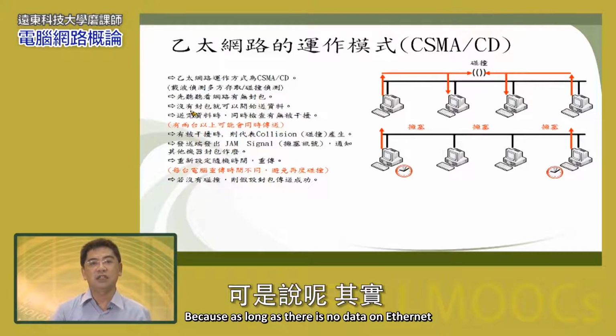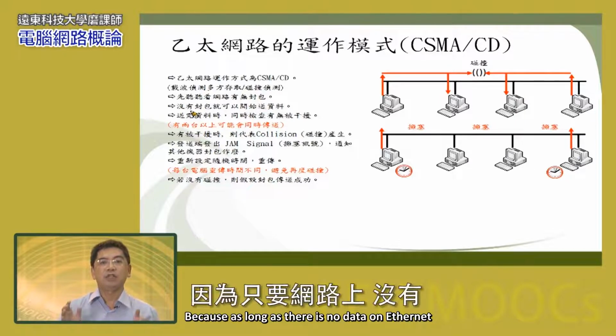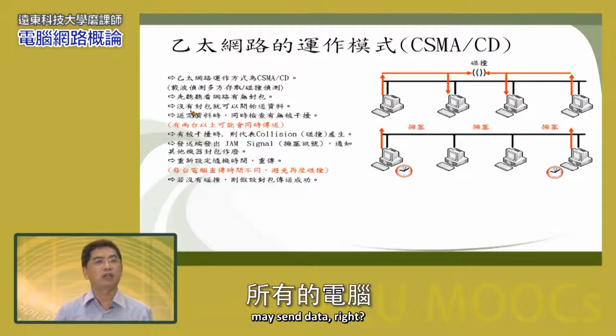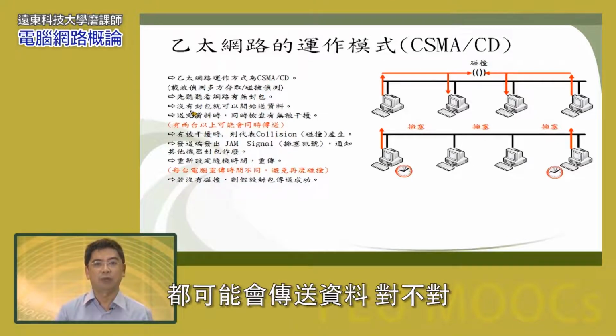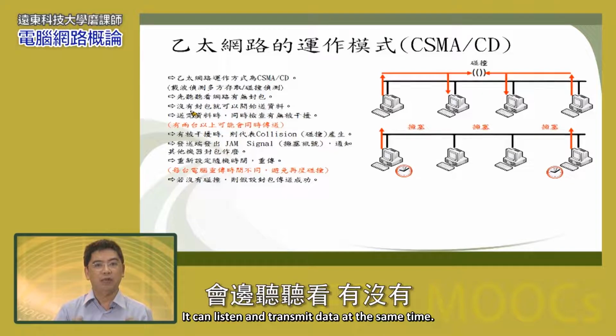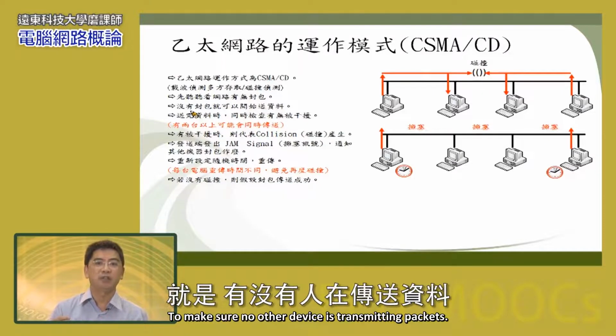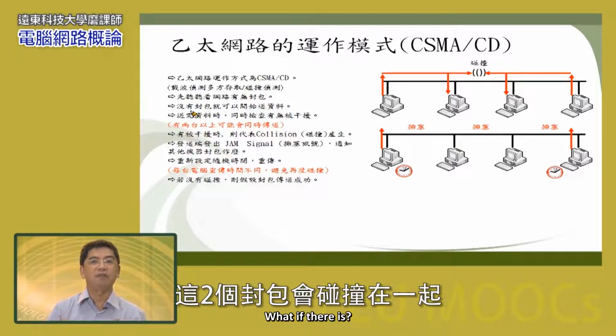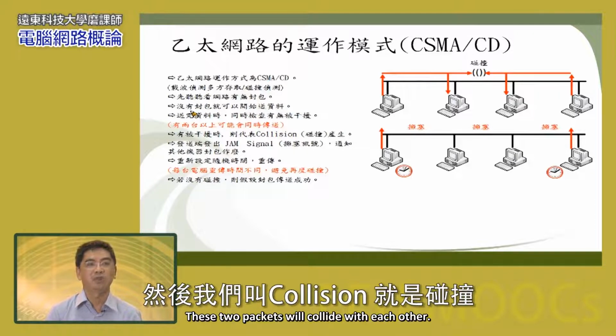But as long as there is no data on Ethernet, all computers may send data, right? So while a device is transmitting data, it can listen and transmit at the same time, to make sure no other device is transmitting packets. What if there is? These two packets will collide with each other. We call it a collision.